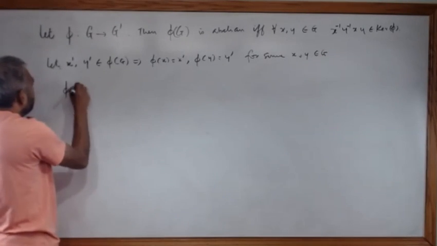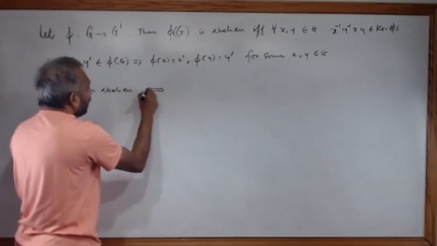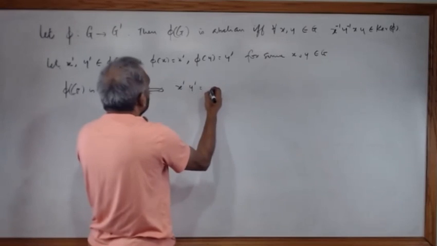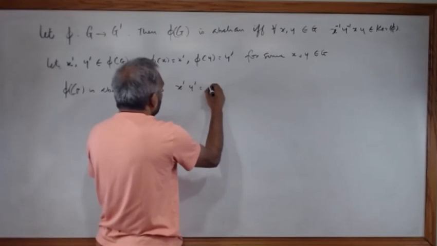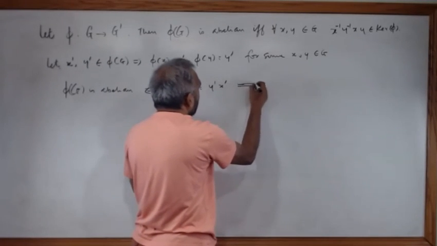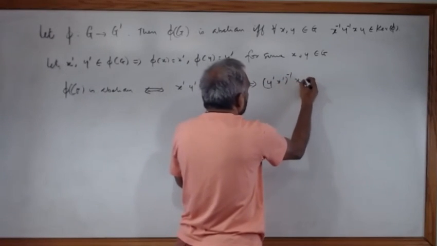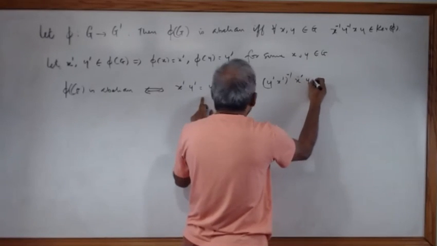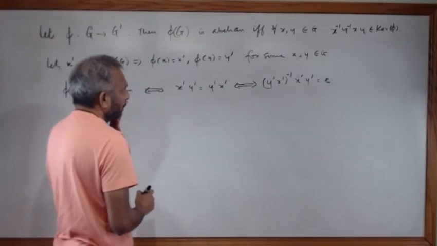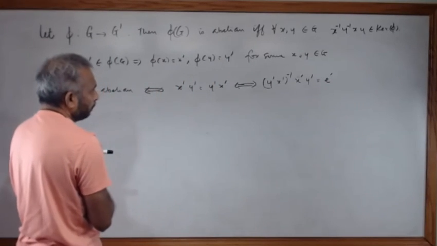So phi of G is abelian if and only if x prime y prime is equal to y prime x prime, and that is equivalent to y prime x prime inverse x prime y prime is equal to e prime, where e prime is the identity of G prime.